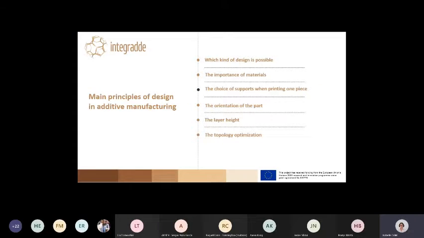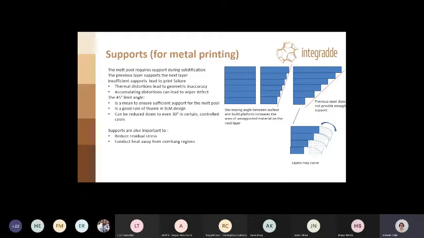Another important point for additive manufacturing is to keep in mind that most of the time supports are required when you print one piece. All 3D printing processes build parts layer by layer, and the supporting of the layer is very important.